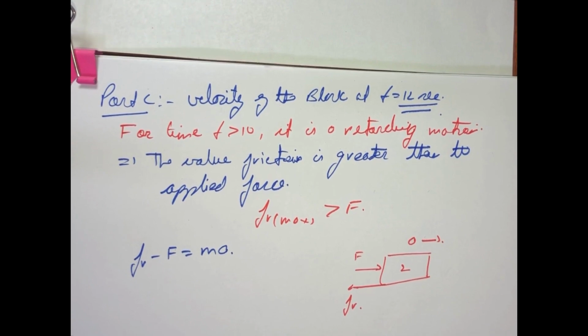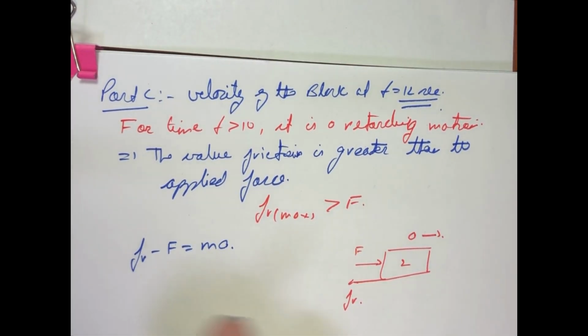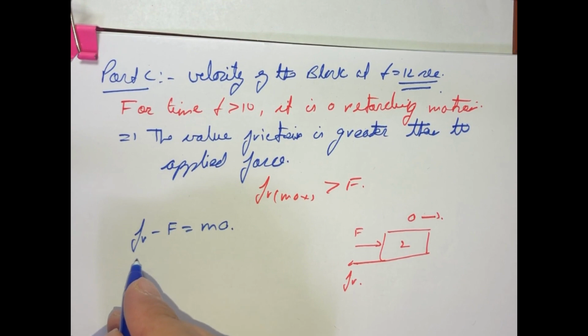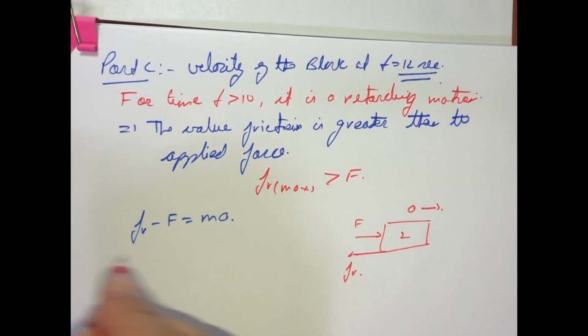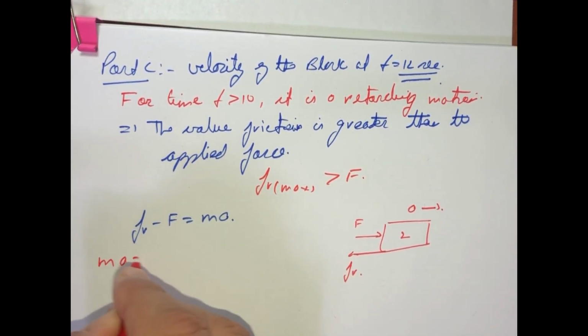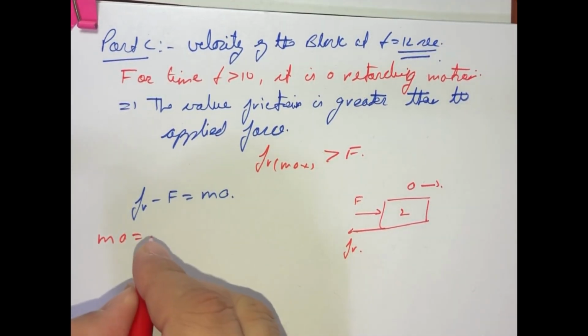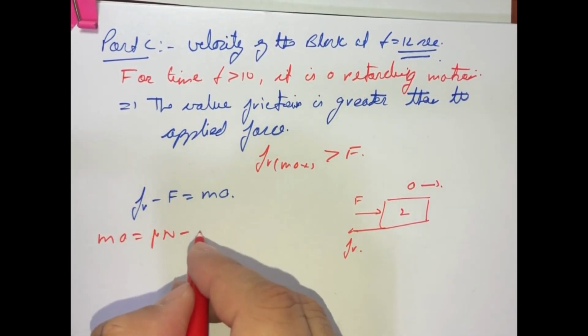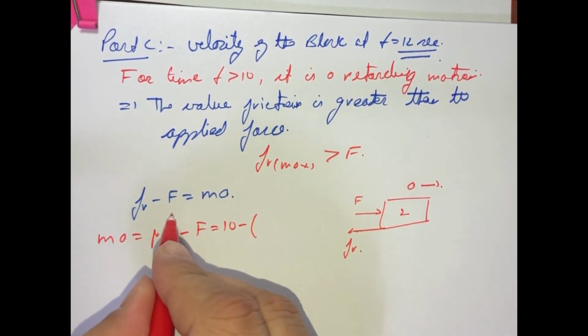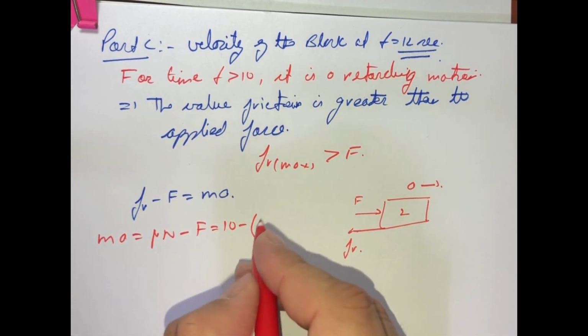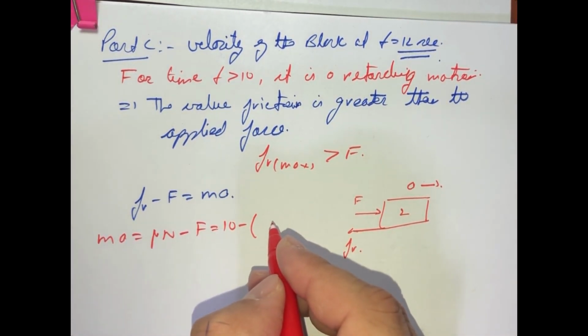Now, once again, we are going to find the equation from solving this part. Fr, we already know, is Fr max, which is 10. So we can say our ma is equal to 10, rather mu N minus F, which is equal to 10 minus F, and the equation for F is 20 minus 2t.